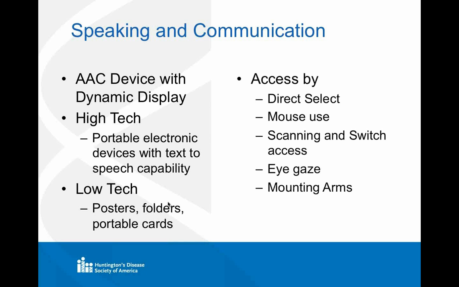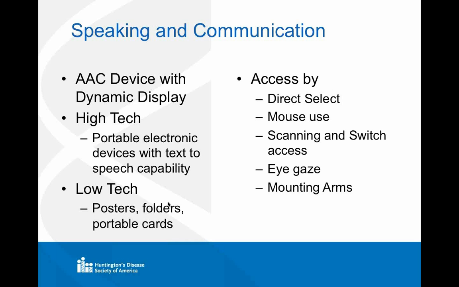And then the access to this is really important because if I'm no longer a mouse user because of twitching and involuntary movements, there's other ways to access electronics, computers, communication devices. Touch screens are a great option these days.